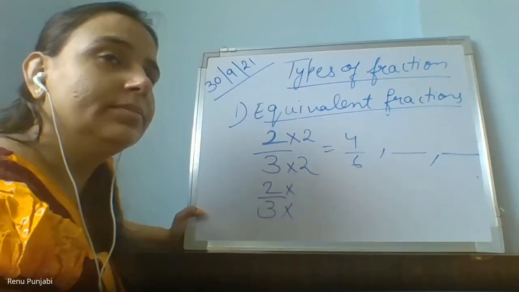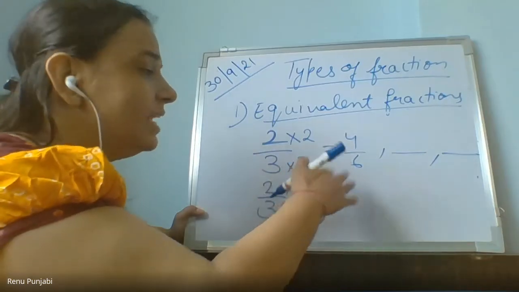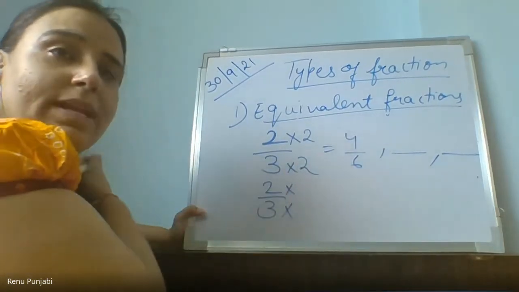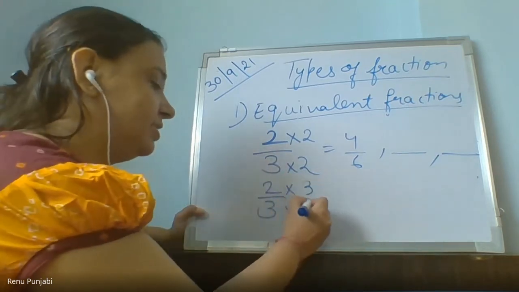In the second one, I will multiply 2? My dear, we have already done 2. Next number. Multiply 4? If I say write the next equivalent, you can multiply with 4 also, but better try with 3 first.